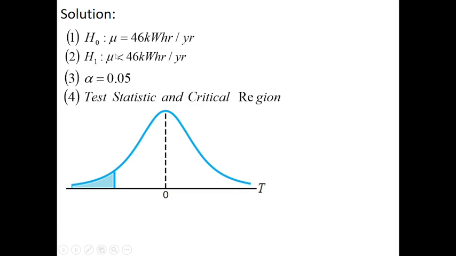As you notice, mu less than 46 kilowatt hours per year denotes that we will have a one-tailed test. And since it is less than 46, it is a region to the left. Region to the left is our critical region.